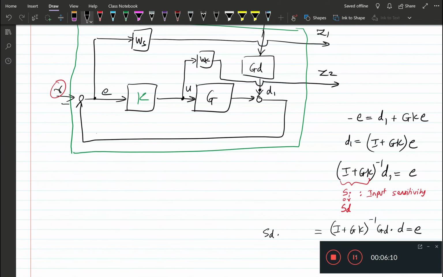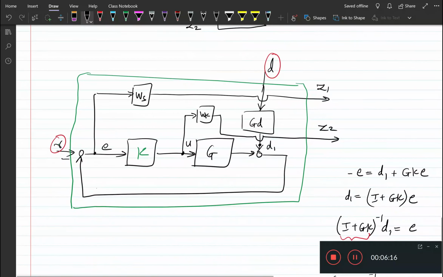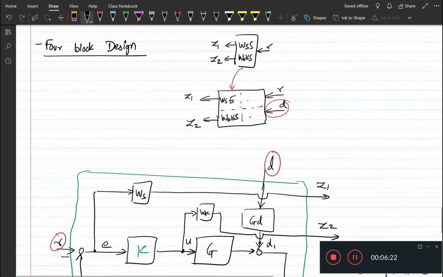So we have SD times GD times D is equal to E. But now that is up to E, but then the signal E is passing through WS. So we have finally WS times SD times GD.